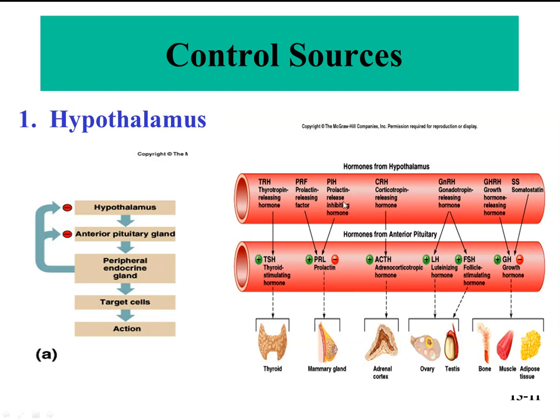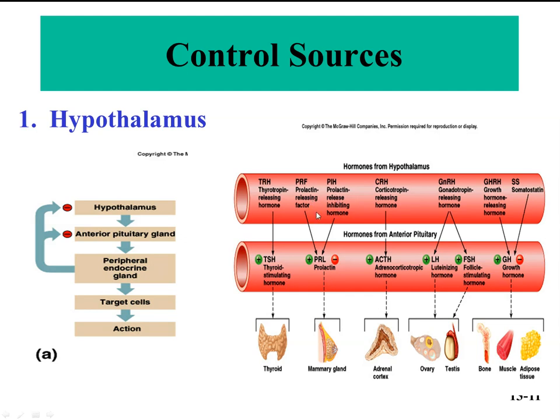Or the prolactin release inhibiting hormone can be produced by the hypothalamus, and that inhibitor will go to the anterior pituitary, and it will prevent the prolactin hormone from being released. So there are two different types of hormones that can be released from the hypothalamus to the anterior pituitary: a releasing hormone or an inhibiting hormone.